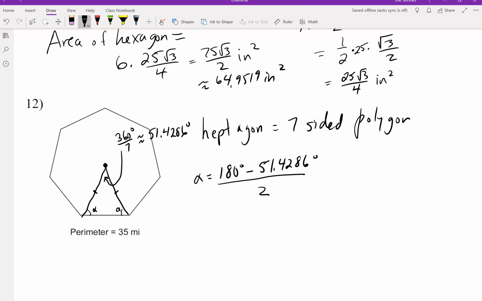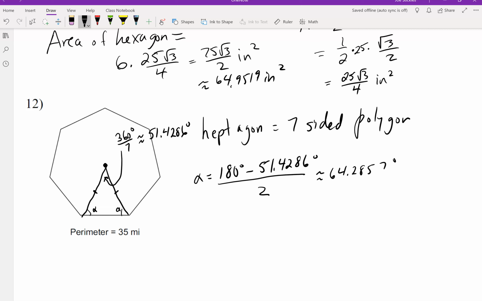So if I do 180 minus that 51.4286 number, and then divide that by 2, we get approximately 64.2857 degrees. So that's the measure of one of these angles. All right. Not necessarily pretty numbers, but that's the idea here.